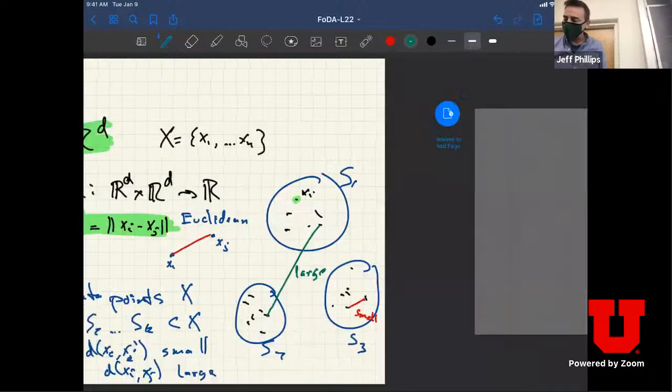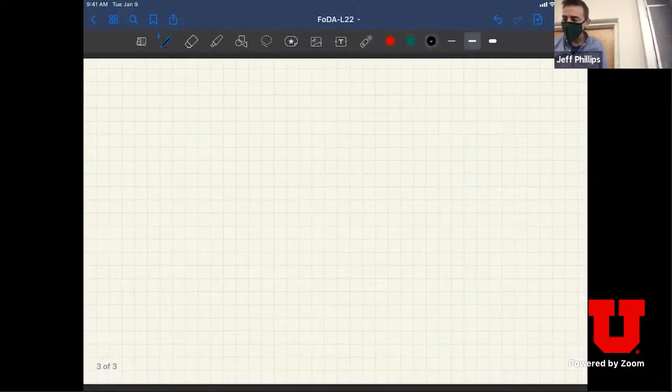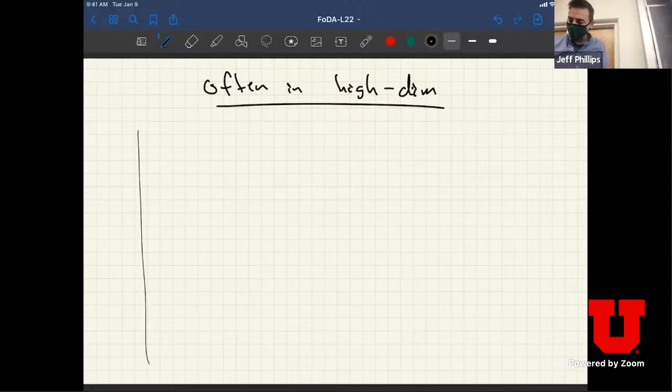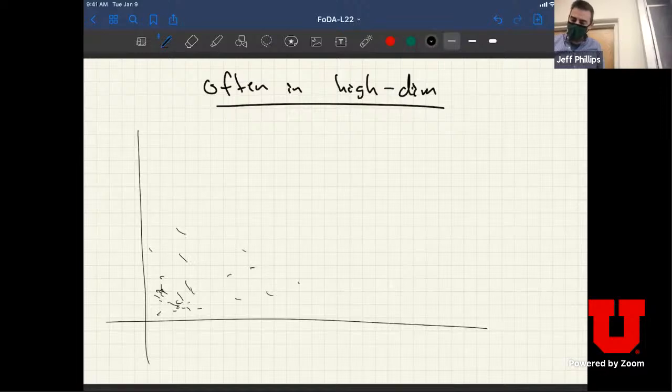What often happens, in high dimensions and even in low dimensions too, is that you'll get data where the most common pattern I see is that maybe around the origin you're more likely to have points, and you get a lot of points, and they kind of dissipate as you go out.